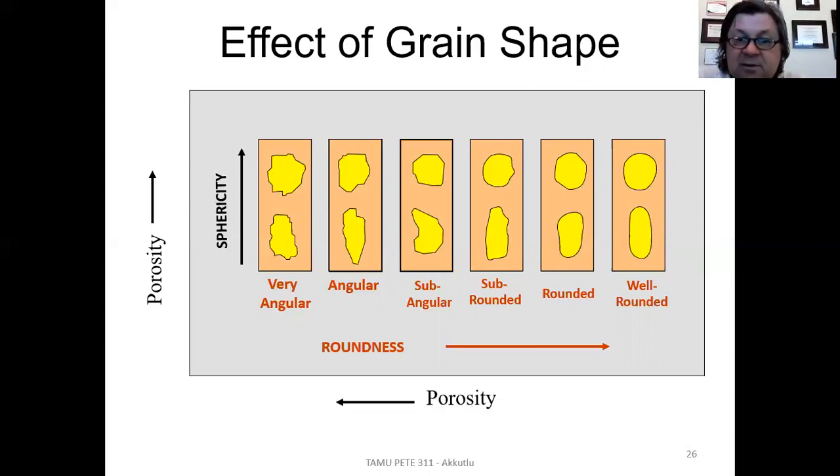And for roundness, the porosity changes the opposite way. With increasing angularity, the grain bodies can locate themselves, controlled by angularity rather than minimum space. So that becomes an increase in porosity. So angularity is an increase in the porosity of the system.